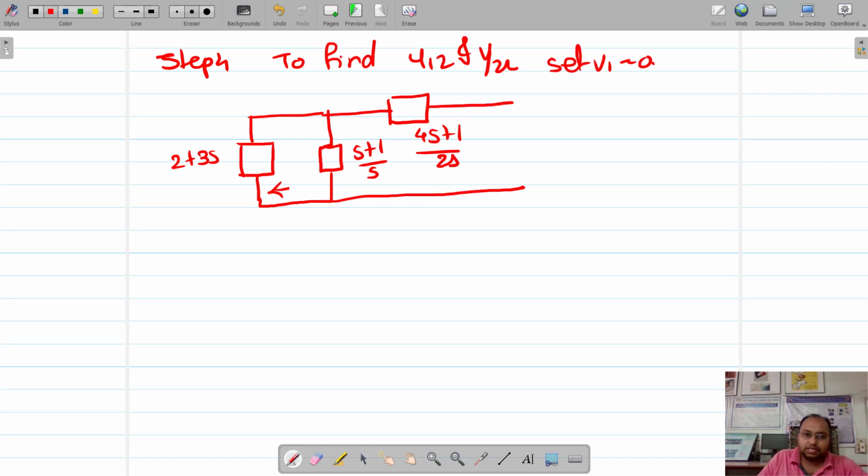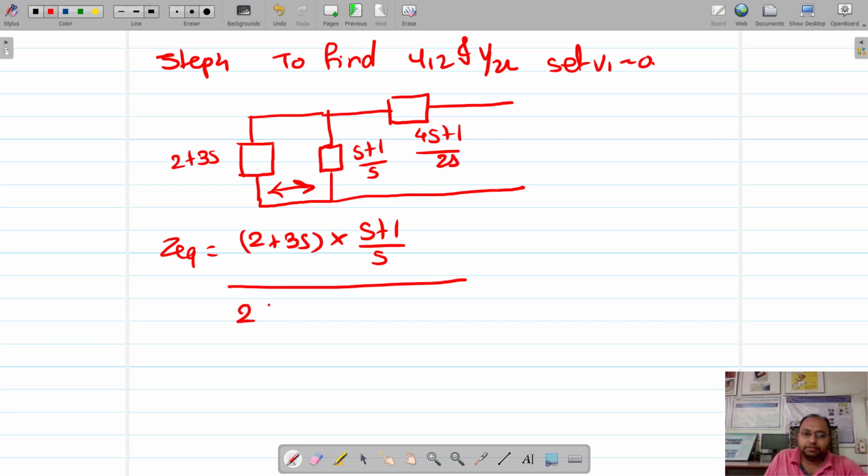Okay, now let us first find out z equivalent. So this is nothing but 2 plus 3s into s plus 1 divided by s, divided by this addition. Okay, so now let us do the cross multiplication. So ultimately we need to multiply by s to this, right?